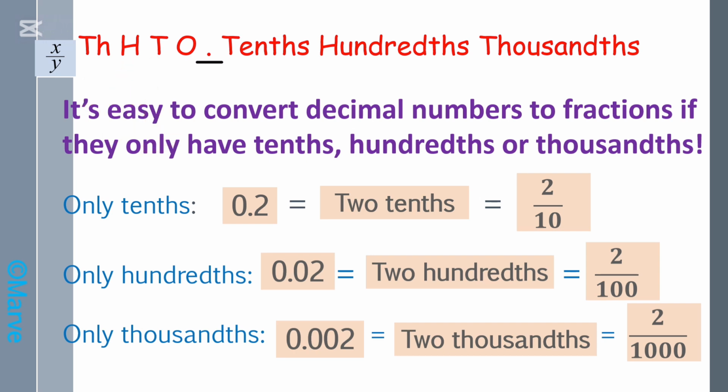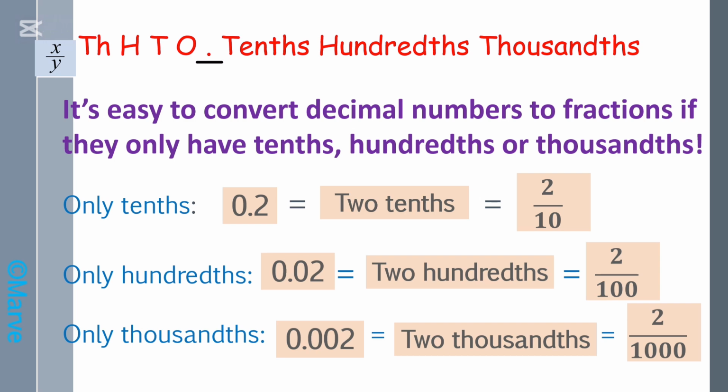Ones also called units. And then when you hit your decimal point, any other number after the decimal point, you start from the tenths, hundredths, thousandths, ten-thousandths, hundred-thousandths, like that. It keeps going.